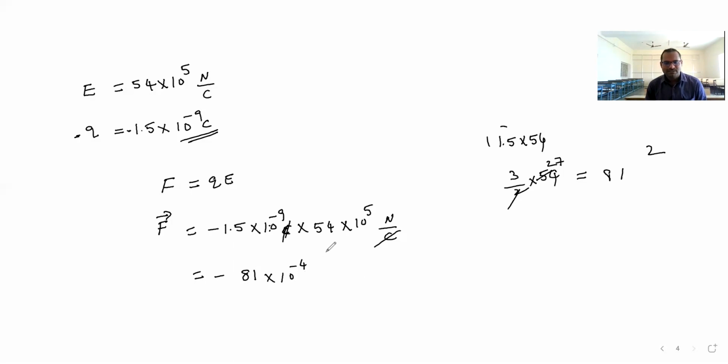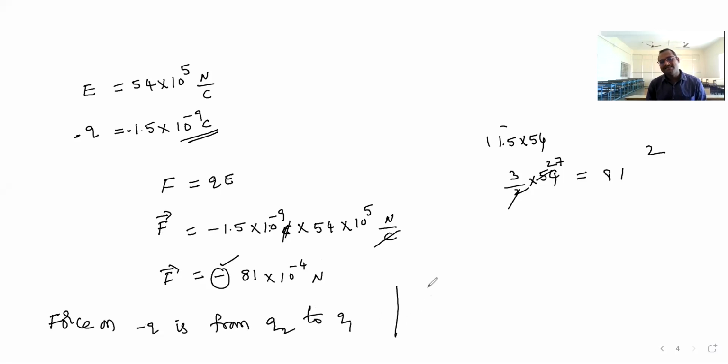Clear? So what is the unit left? Newton. Clear, students? This negative sign indicates that the force acting on it is in the opposite direction to the electric field. That means the force on a negative charge is from Q2 to Q1, whereas the electric field is from Q1 to Q2.